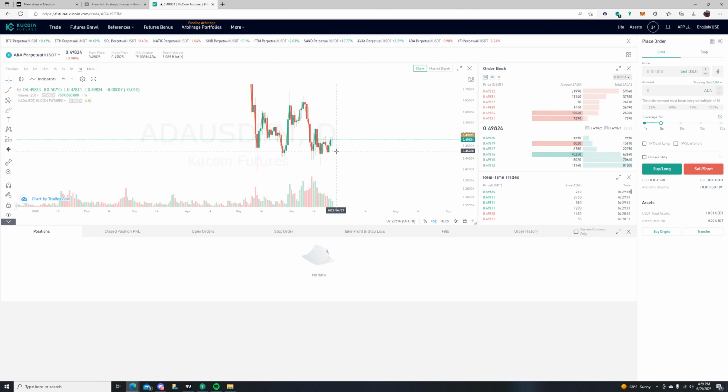That's why we have these extended crypto winters. If you're only investing and trading in one direction, going long, you're only going to be in profit several months out of the year. So it's really important to understand how to go short so that you can take advantage of the long extended bear cycles that we have.